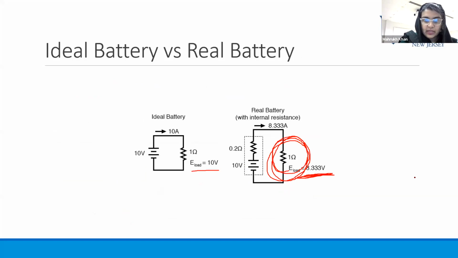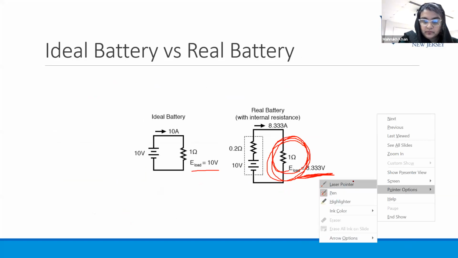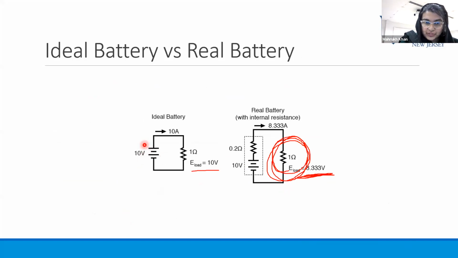Similarly, I'm talking about the same thing, just in a different way. If you have 10 volts here and you think your E load is 10 volts, in an actual scenario it's not like that.